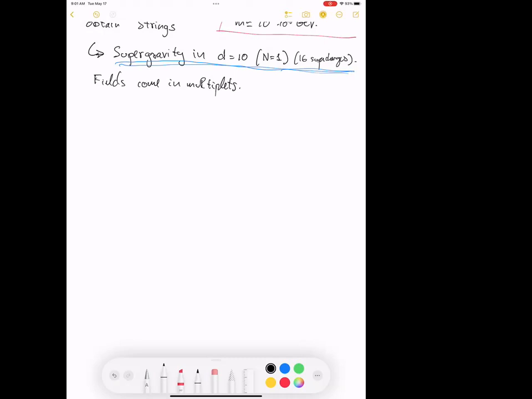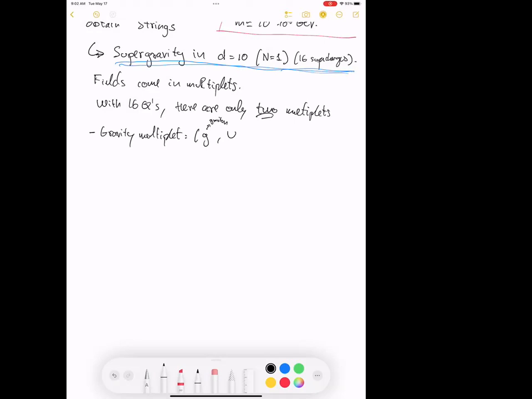With 16 supercharges, there are only 2 multiplets. There's the gravity multiplet, which, as you may guess, contains, I'm going to write the field content of its multiplet. What are the fields it contains? It contains the metric, the graviton.